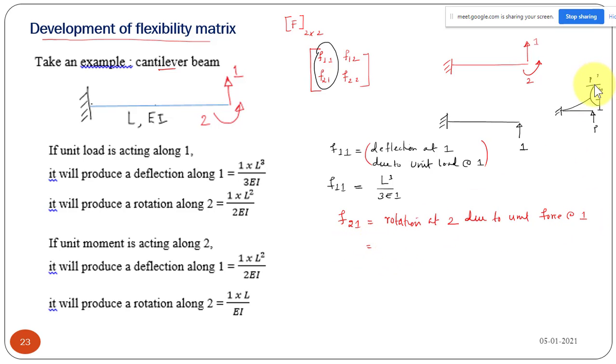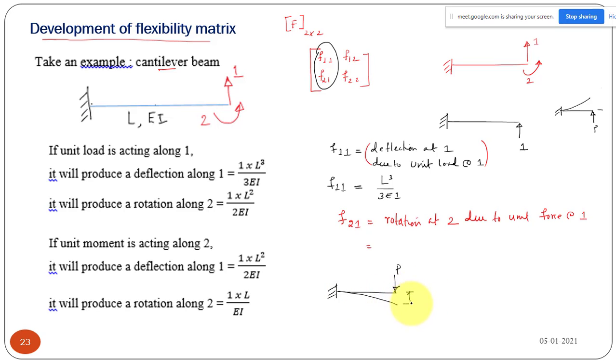Again you can use the direct result. If we have a cantilever beam and a force P, it is going to deflect like this.